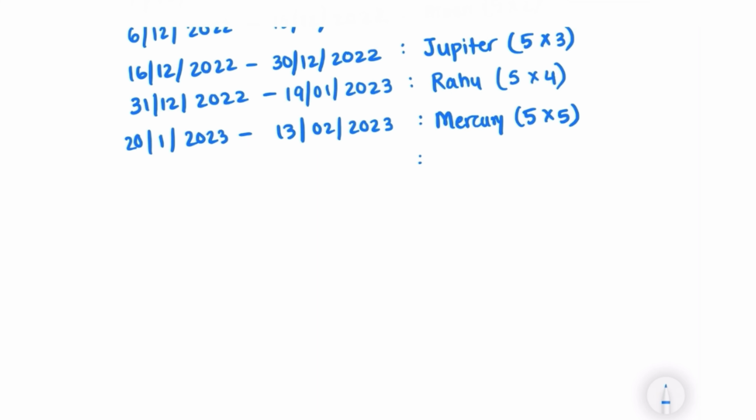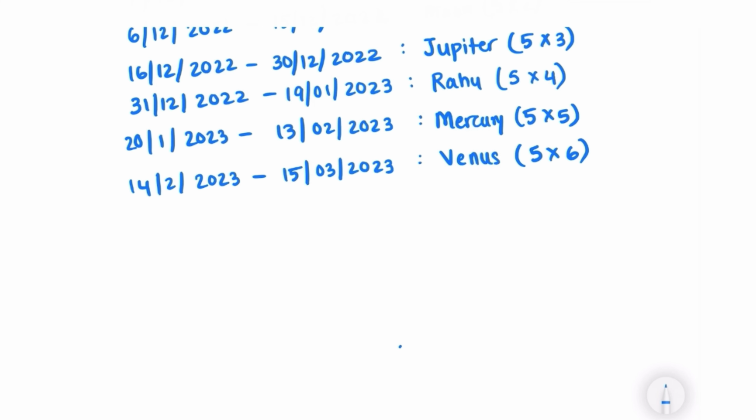So you just discard the remaining days. We will see it in this same example. You will see what I'm talking about. So now we add 30 days, right? So if we add 30 days to February 13th, we get March 15th. And then we start with Ketu.